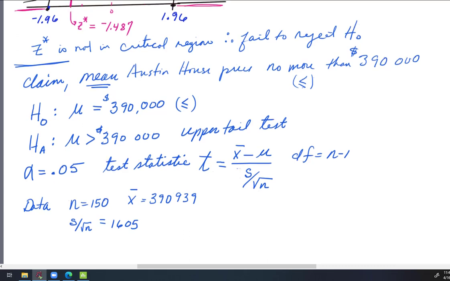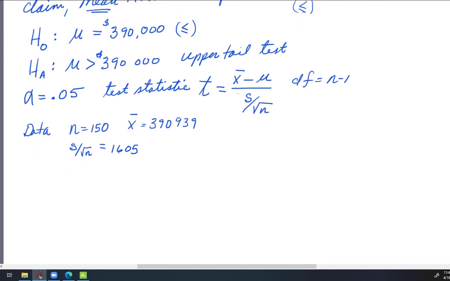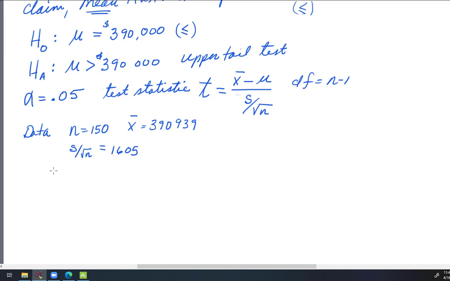Now we can do p-value or we can do classical. Let's just, for the heck of it, since it's the modern way, start with p-value first. So we're going to make a decision based upon the p-value. Well, I think the first thing we need to do is to find the observed value of t.